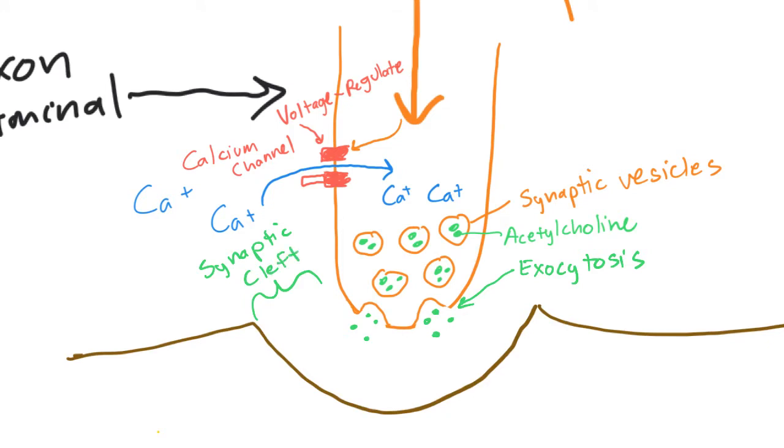Okay, is this an active or passive transport mechanism? You guys remember? Is exocytosis active or passive? Active, yes. It requires energy for that fusion to take place. So we can put a little ATP over here.